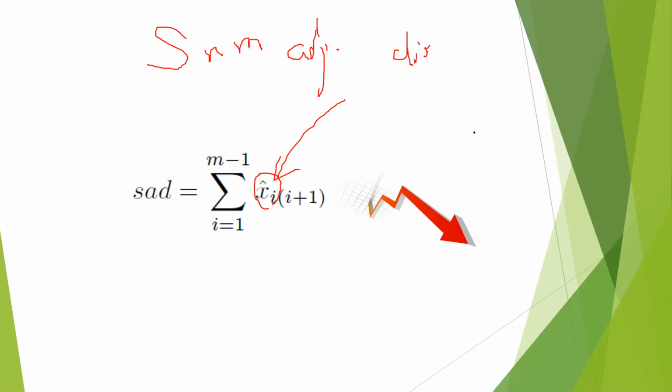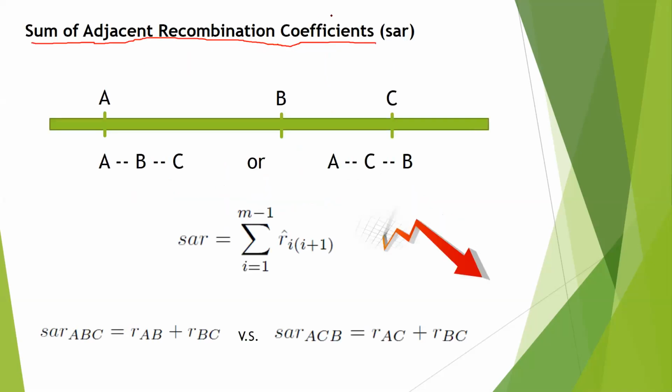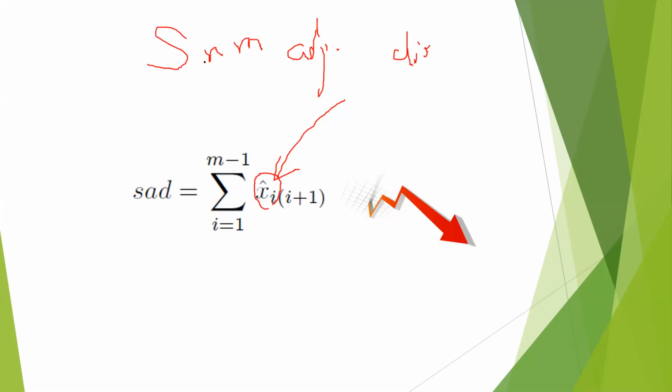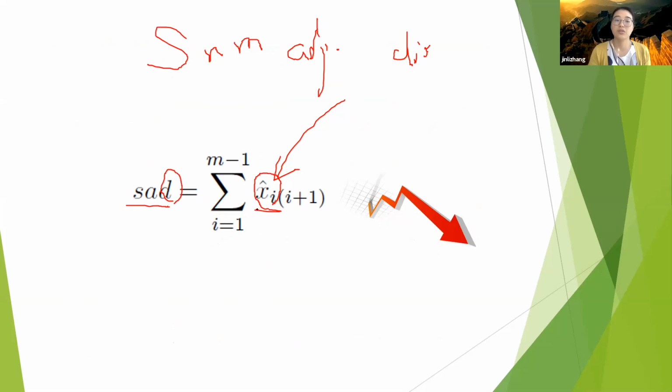I forgot the real name. For this one, SAR means the sum of the adjacent recombination frequency. That's why we use SAR, right? Mm-hmm. If you go back to the text, probably you can find the right name. It should be the sum of adjacent distance or something like this. I'm sorry, what is that?